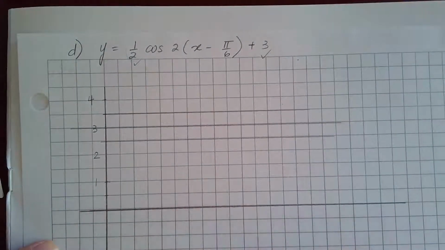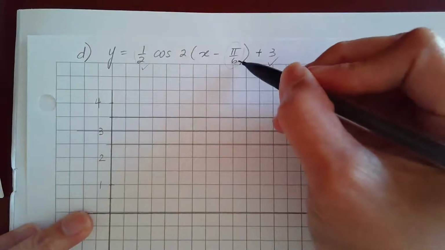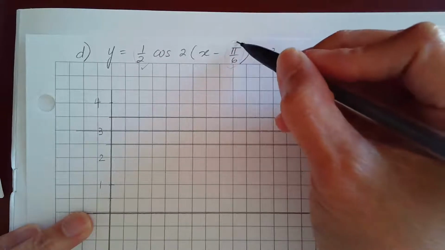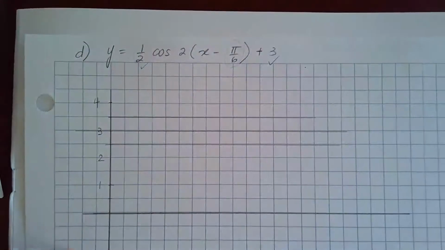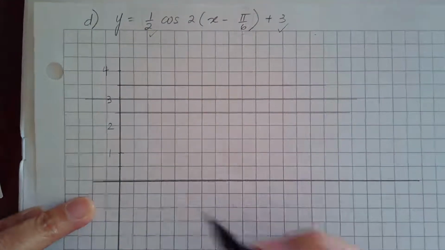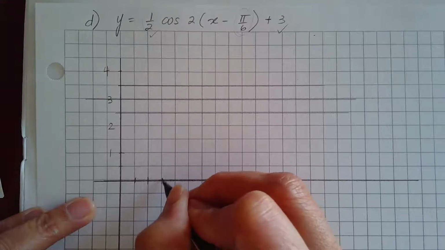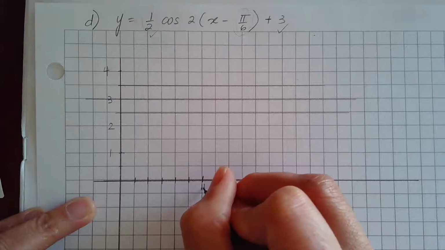Now along the x-axis, I haven't done any scaling yet. I know that I have to shift by pi over 6, so it will make more sense if I do my graph every pi over 6. The scaling is pi by 6. So, okay, how do we do that?